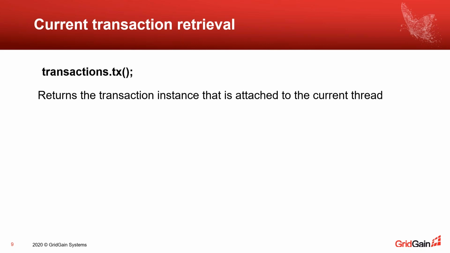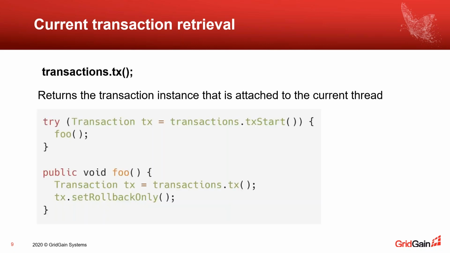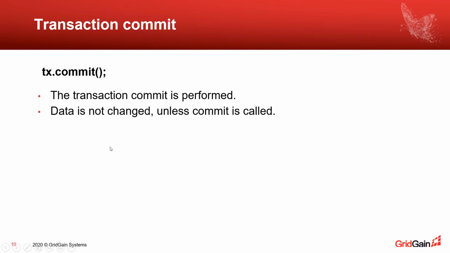You may consider a transaction as a thread-local variable and perform something like this. You can open a transaction, call some method, and probably a method inside the method, and inside the latest method, you can acquire your current transaction and do some operations with it. So there's no need to pass the transaction instance directly through the whole stack trace.